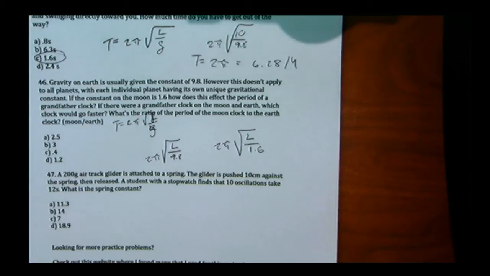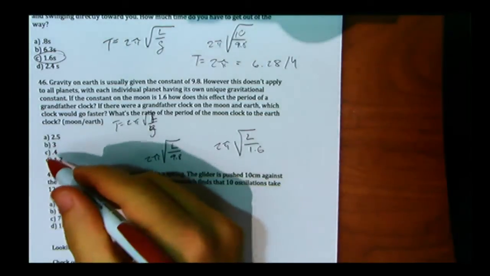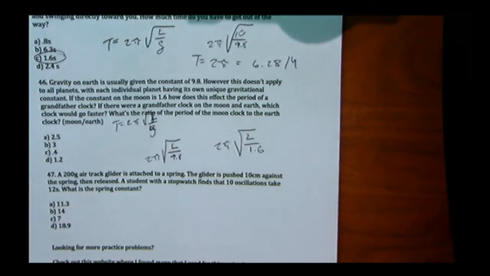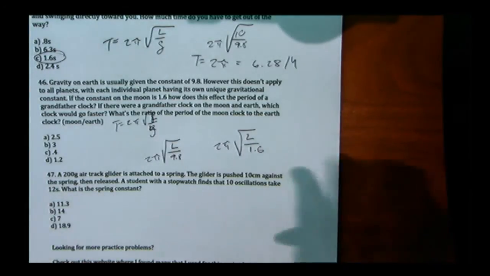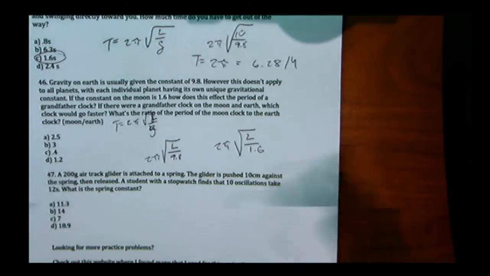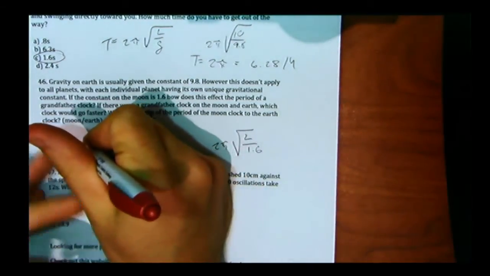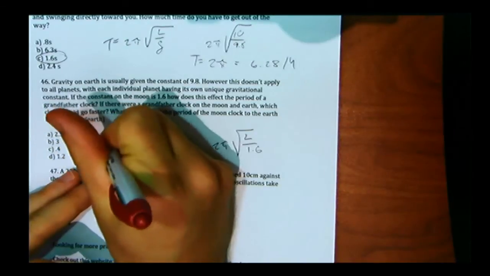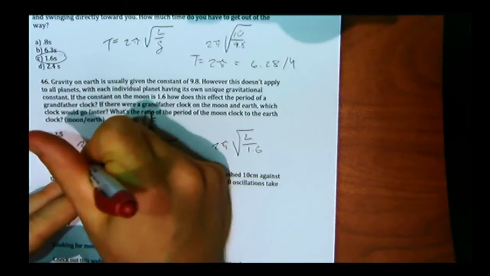Well, so if we were to rearrange this, we know that one of them is 4 times as big, right? So I could rearrange it, and if I take the square root of this, this one's going to be equal to L over 2, and this one will just equal L. So this is the moon, this is the Earth.